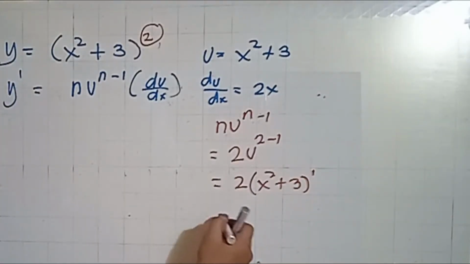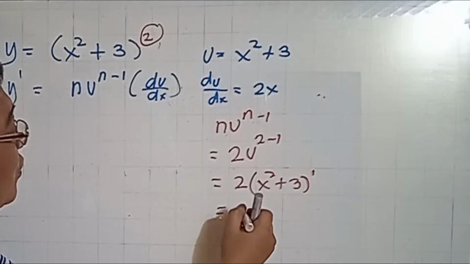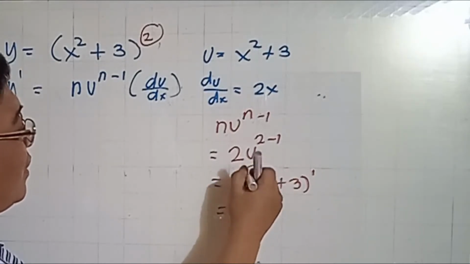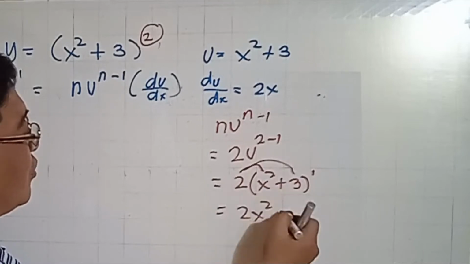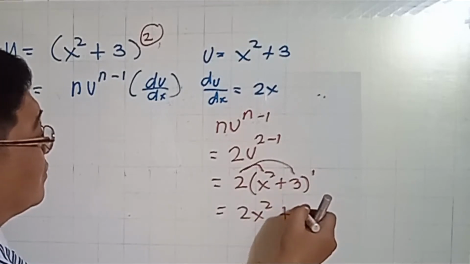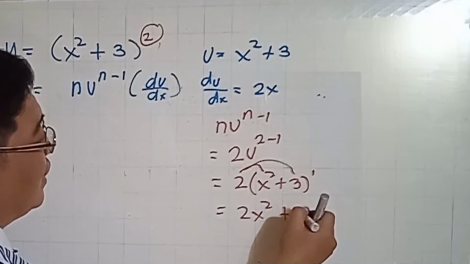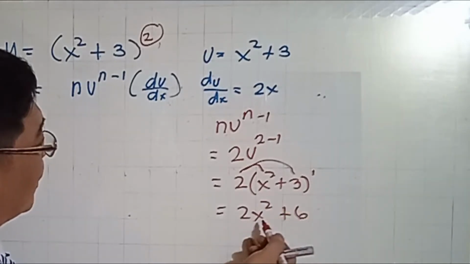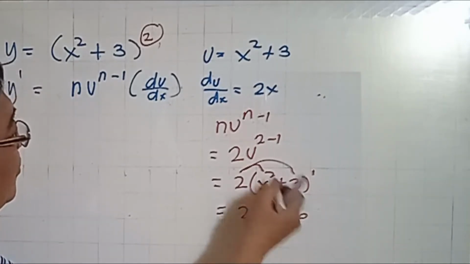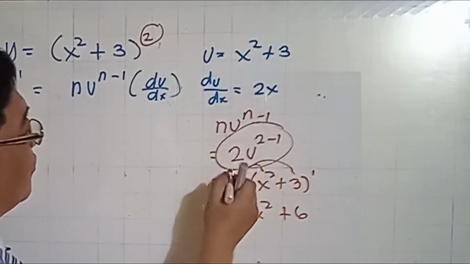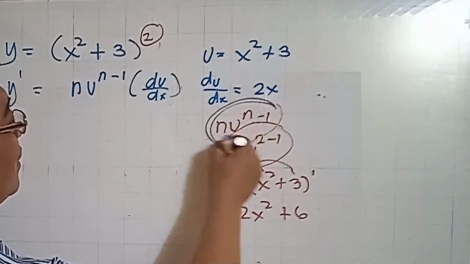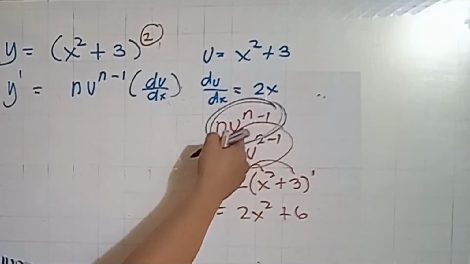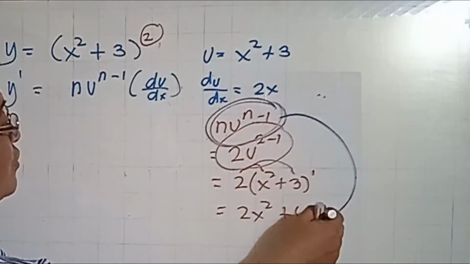And then let's simplify, distribute this 2 and this 1, you have 2x squared plus 6. So 2x squared plus 6, meaning we have this one, and times u raised to n minus 1, we have this one.